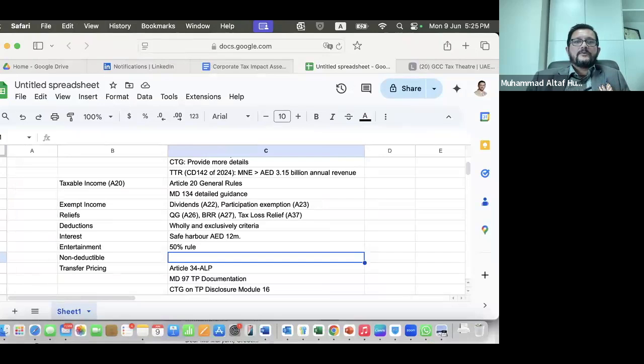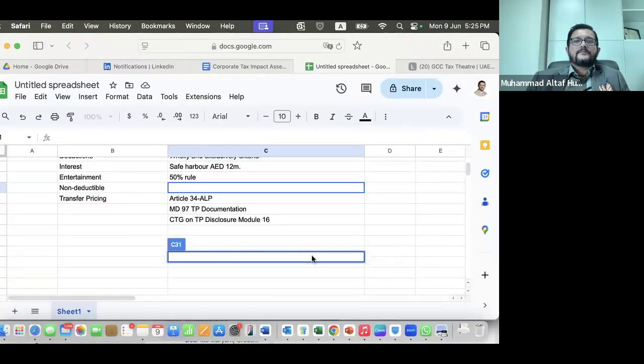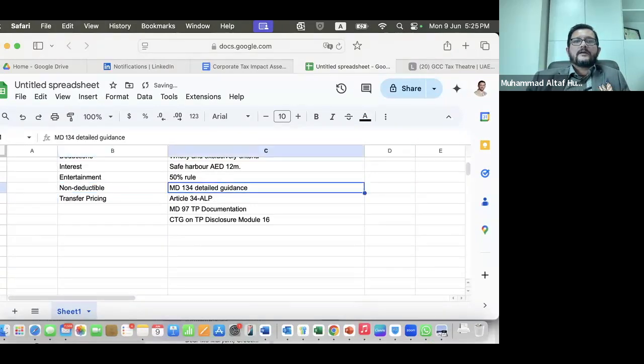So we have gone through MD 134, Article 7, particularly, among other things, and naturally the non-deductible Article 33.